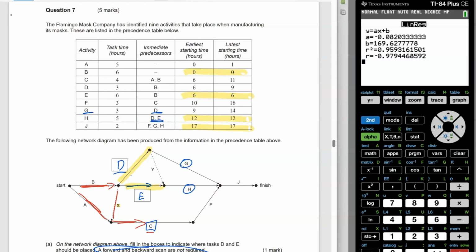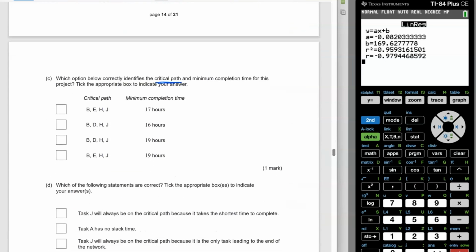Just looking at my activities, it's going to be task B, E, H, and J. So when I come down here, I'm looking for B, E, H, and J, which is this one or this one. Then I just need to find my minimum completion time.